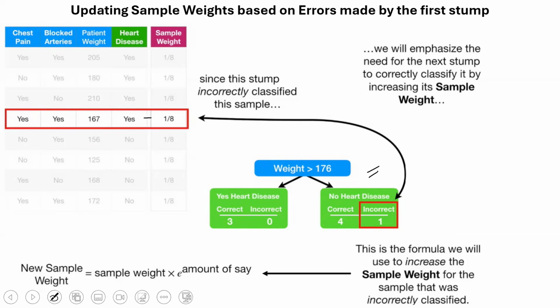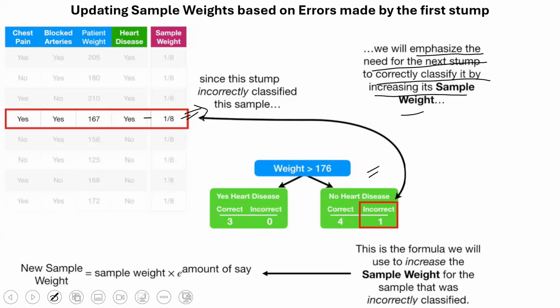Giving the higher weightage to your wrongly classified record actually means emphasizing the need for the next stump to correctly classify it by increasing its sample weight. The first stump has done very well with all the other records except this particular record. Now we need to emphasize that the second stump has higher responsibility in rightly classifying these kinds of records.